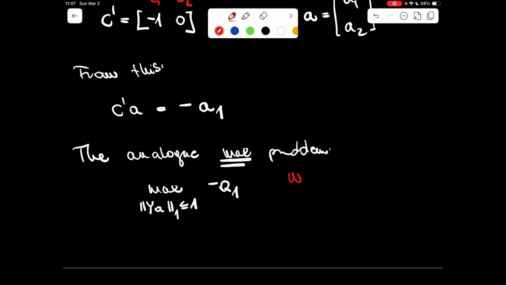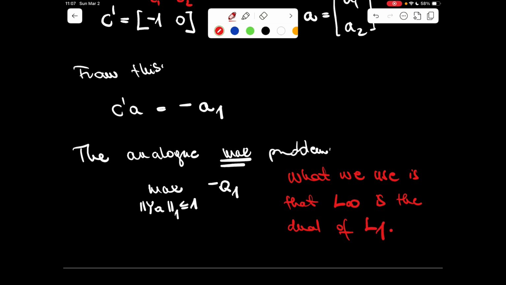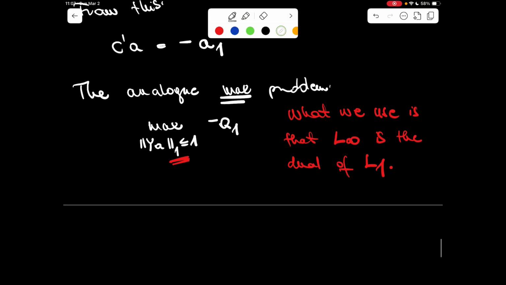What we use is that L infinity is the dual of L1. Okay. So this is the reason why here we are talking about the norm of the space, function space L1.